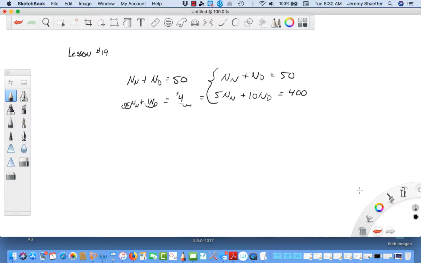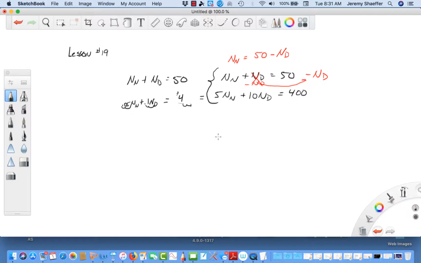Well, we could rearrange the top equation, equation A, and say number of nickels equals 50 minus number of dimes, because we subtracted number of dimes here and we subtracted number of dimes here. That canceled out. So our bottom equation has that we can solve for what number of nickels is.